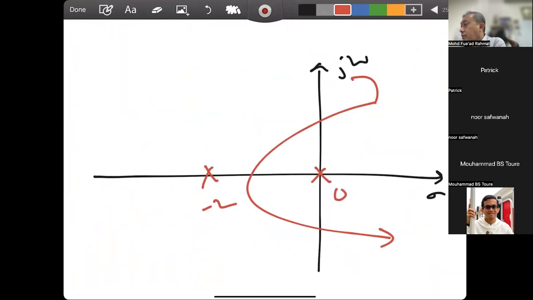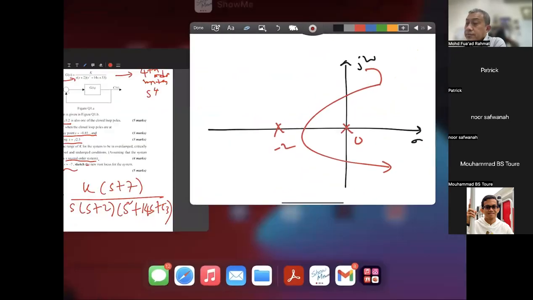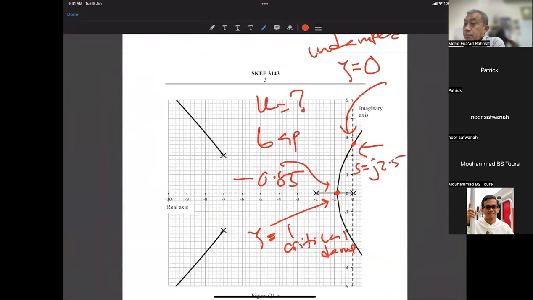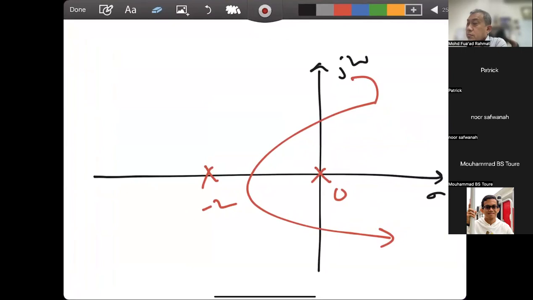Then we have just now the value of the zero, what was it? This one, -7. And then you add 0 over here. So what will happen to the plotting?